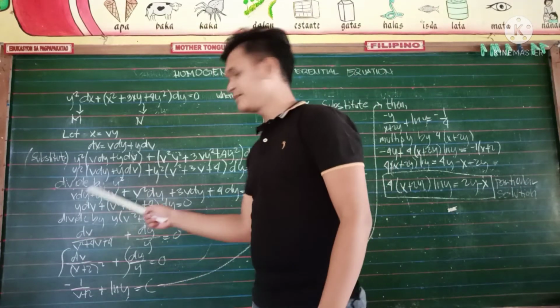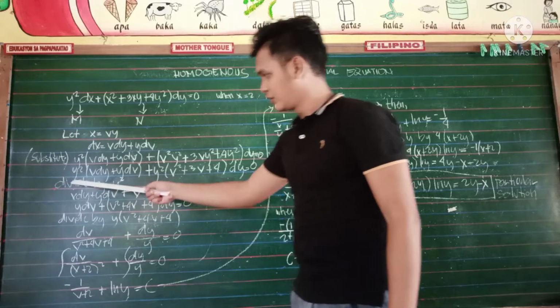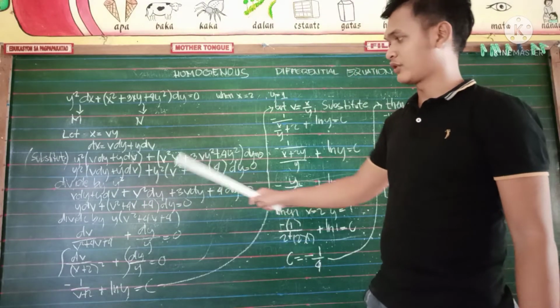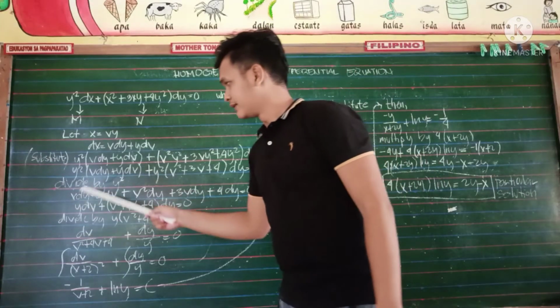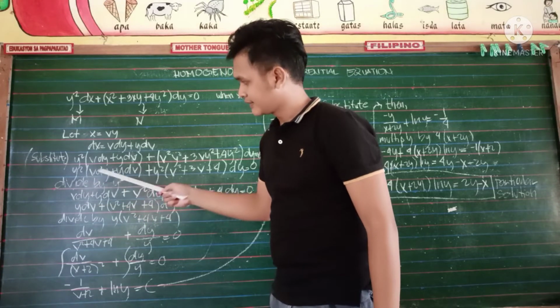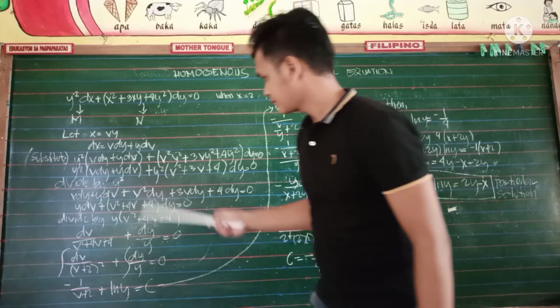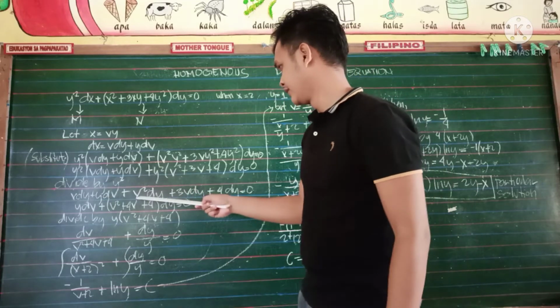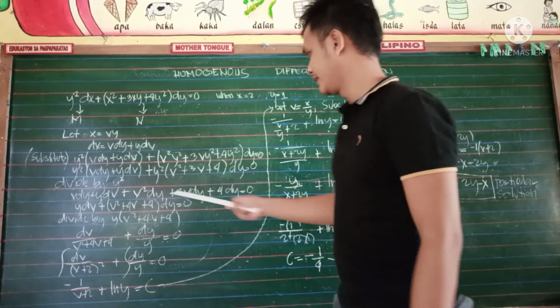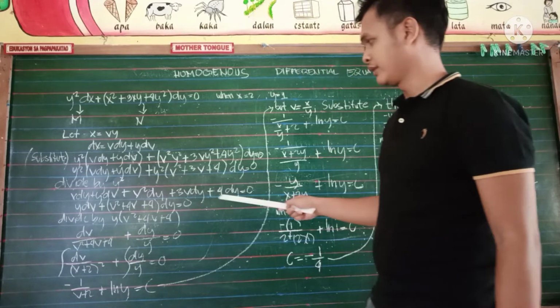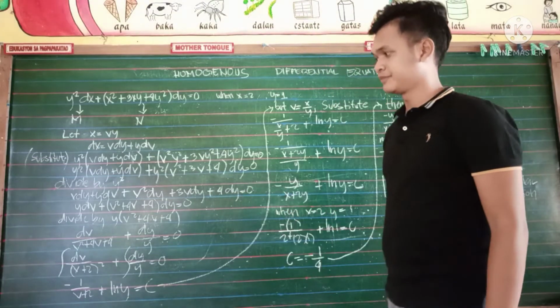Dividing both sides by y squared to eliminate y squared, the remaining is v dy plus y dv plus the v squared dy, the 3v dy, and the 4 dy is equal to 0.